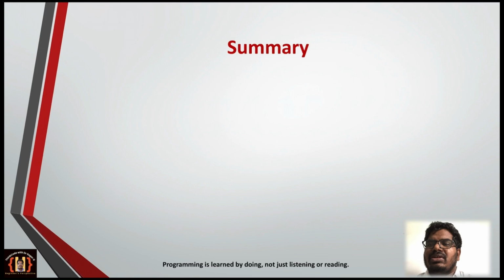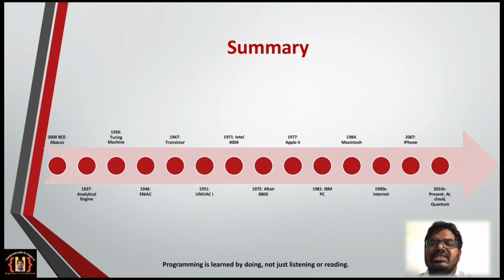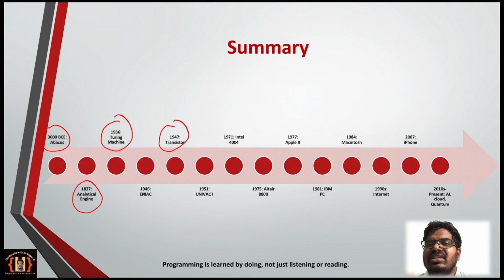So this is the brief history of computers. You can see the summary here. In 2000 BC we have the abacus. In 1837, the analytical engine. In 1936, the Turing machine. Then there is the invention of the transistor. Then the invention of the microprocessor.